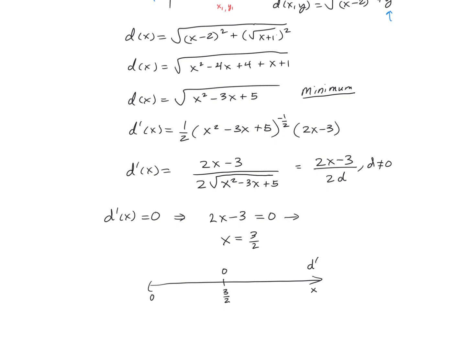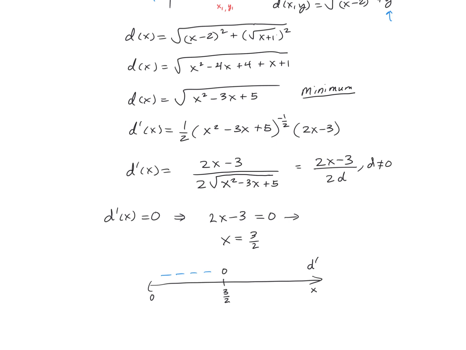We can pick the number 1, which is less than 3 halves. If I substitute 1 into my derivative, you'll notice that I get a negative number, because the numerator is negative and my denominator is always positive. So when x is 1, my derivative is negative, and that's going to be true for that whole interval.